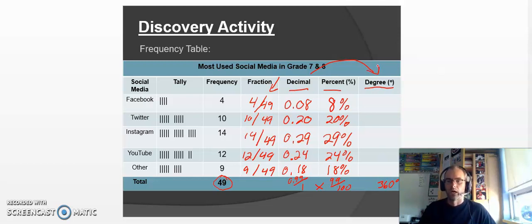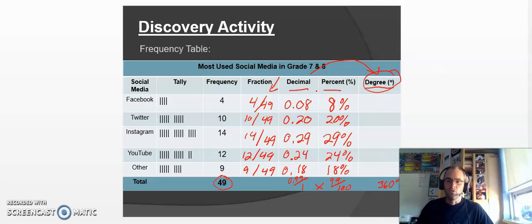Now, you are going to be using the percent values to label your circle graph, but you can't use these values to actually measure the different sectors with a protractor. A protractor doesn't go by percent, it goes by degrees. So we need to find what this percent is in degrees in order to accurately separate your circle into the sectors.